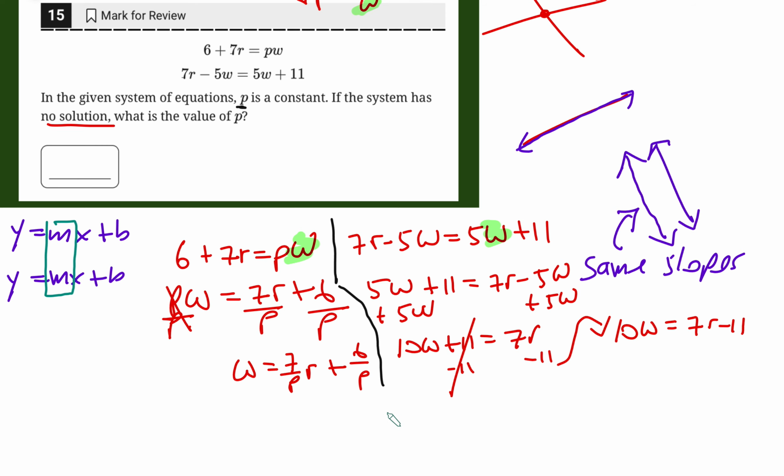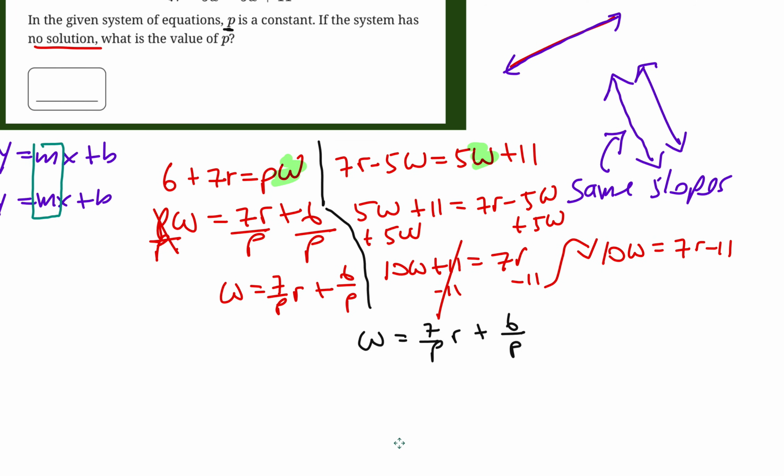So we have this one here: w equals 7 over p r plus 6 over p. And then the other one, oh wait, I didn't divide by 10 over here. Divide by 10 on every term.